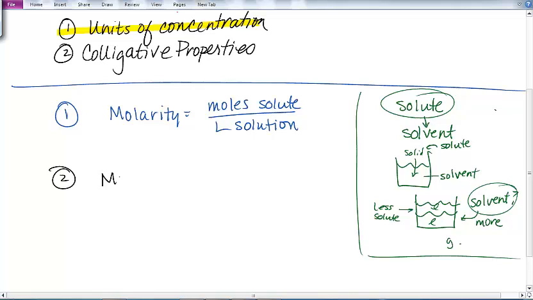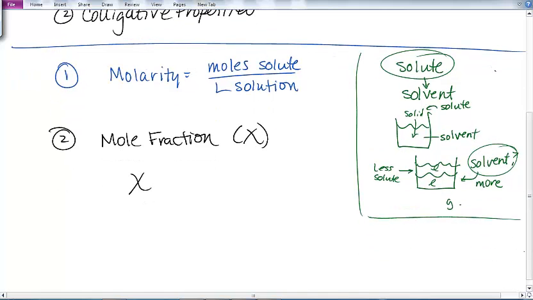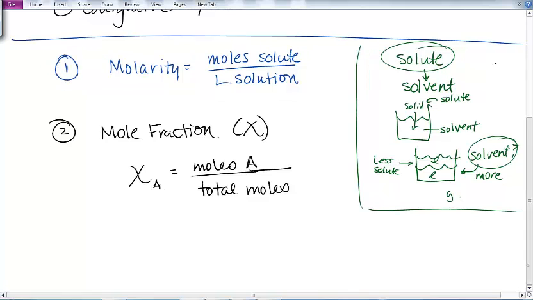Second one, mole fraction, which is designated by an X. The mole fraction of some substance A is defined to be moles of that substance A divided by the total moles. Depending on your purpose, you might want to use a different unit of concentration.